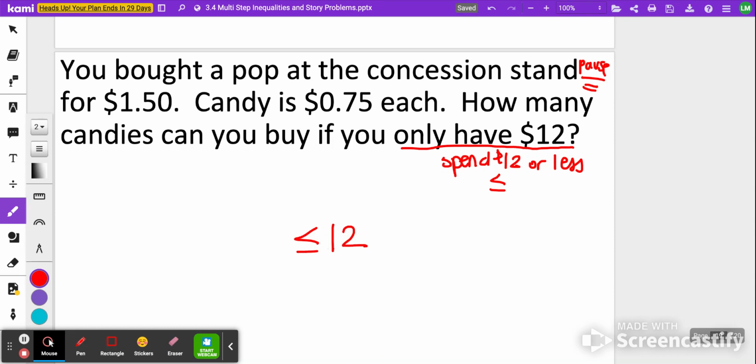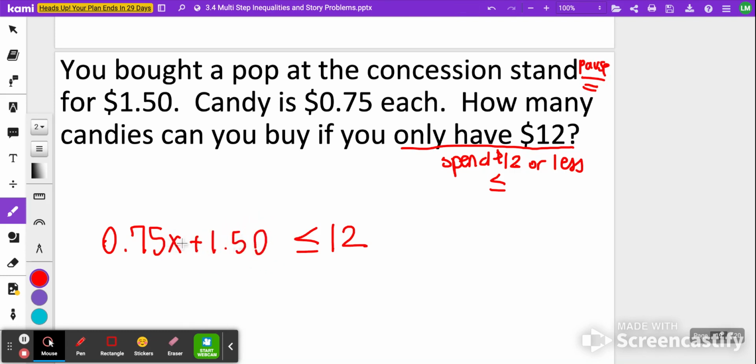Then I need to figure out how am I supposed to set this up. I know my mystery number is candy. How many candies can I buy? So let's go ahead and start with that one. That one should say 75 cents with the X. The one thing I need to make sure of is I'm adding the $1.50 with that to get my total. Okay?